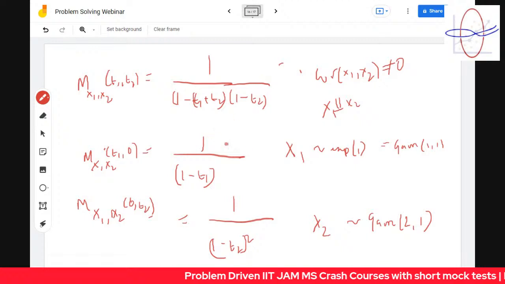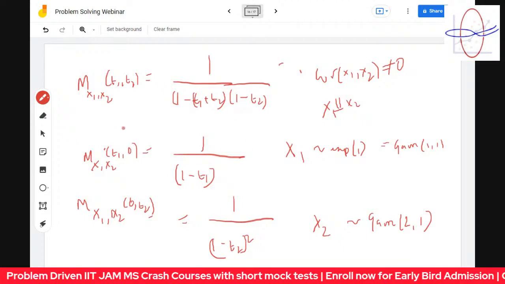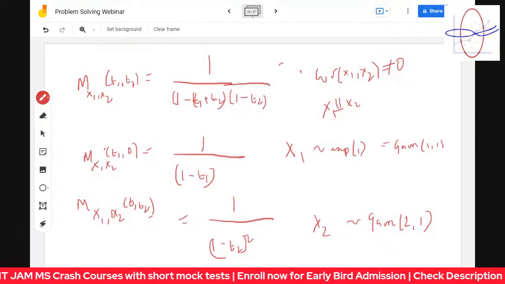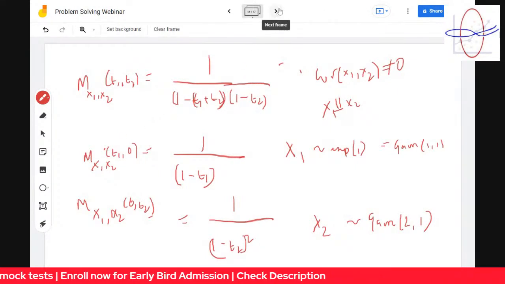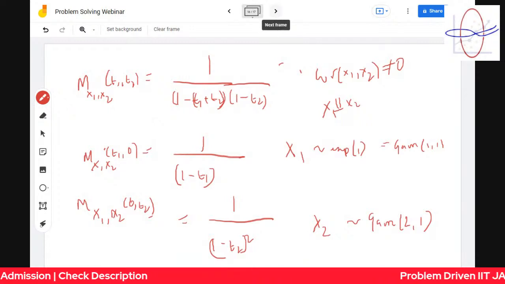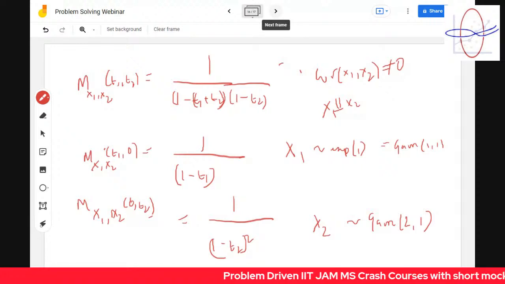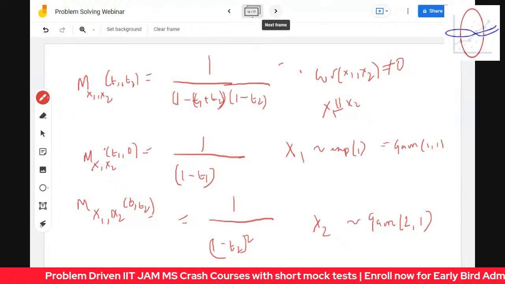Because you cannot write it as a product of these two. If you could, you would write it as the MGF of x1 into the MGF of x2. But you cannot write it like that, because t1 plus t2 is over here. So x1 and x2 are two exponentials, but they have a covariance, they are not independent, so their summation will be something different. But it's a good thing you observed.